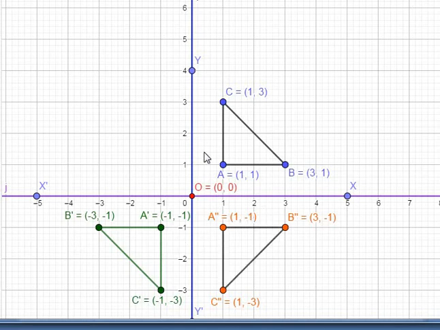Now I have drawn the object and two images. This one is the object triangle, this is the image triangle under the first transformation, and this is the image triangle of the final transformation. This is the combination of two transformations.